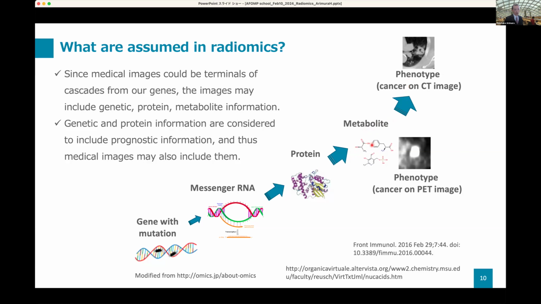This metabolite information can be scanned by PET, and we get PET images from this information. And the phenotype, the final human body, can be scanned by a CT scanner, and we get CT images. So this is the assumption. We assume these medical images include gene information or messenger RNA information or protein information and the metabolite information.